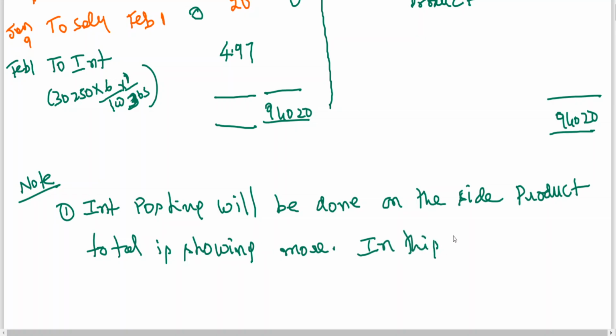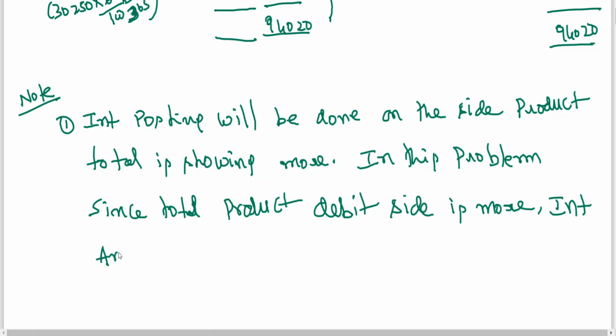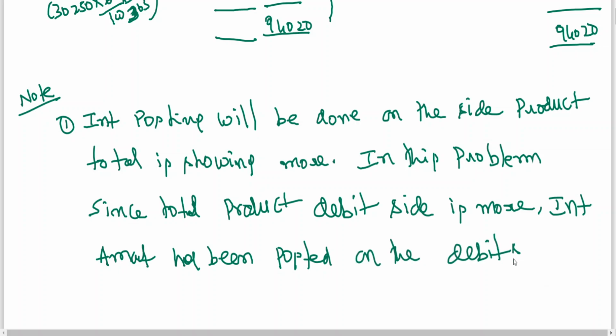In this problem, since the total product debit side is more, interest amount has been posted on the debit side of the amount column.